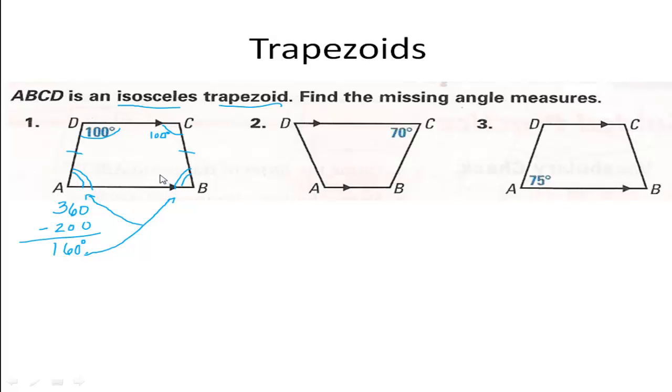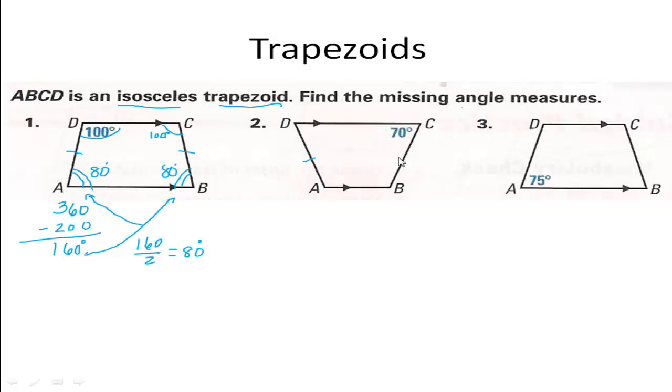So that means that each one is a half of 160, which is 80 degrees. So this one has to be 80, and this one has to be 80. And if you add all of these up, you should get 360. Let's check. 100 plus 100, 200. 200 plus 80, 280. And 280 plus 80 is 360. You're done. Let's do the next one.